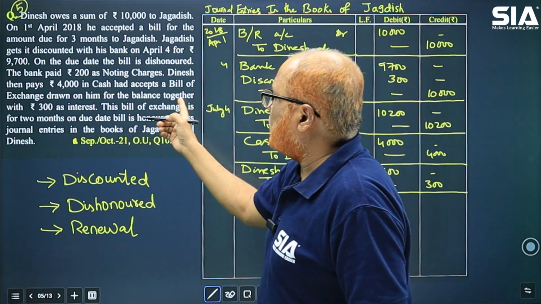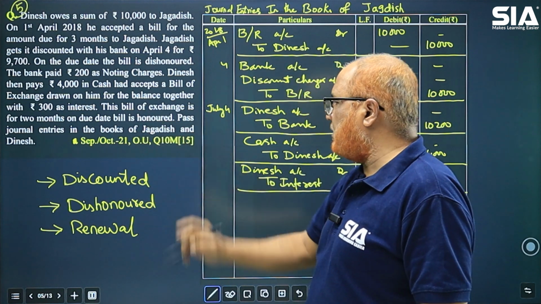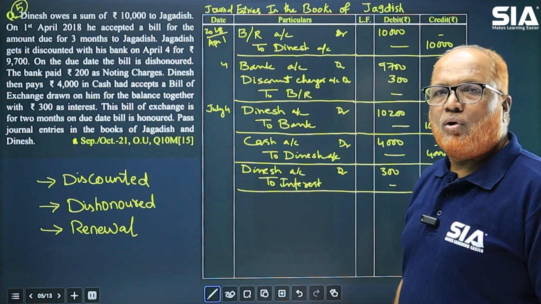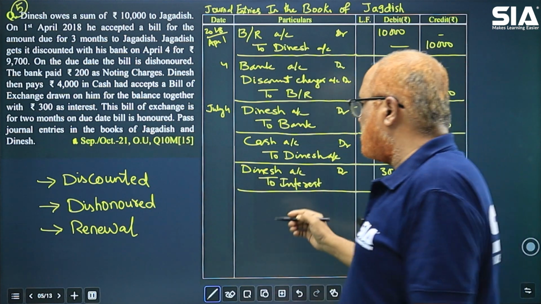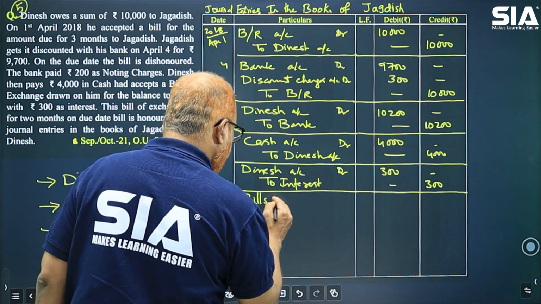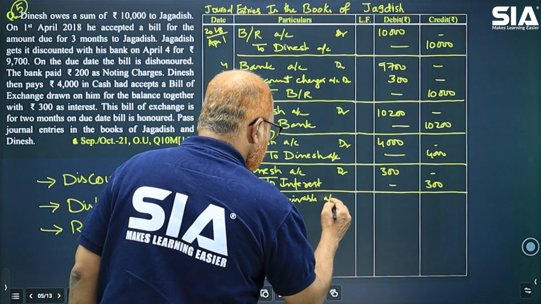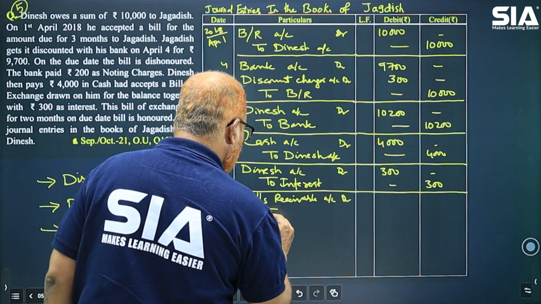Now a bill has been drawn for the balance together with interest. This bill of exchange is for 2 months. On the due date, the bill is honored. Now we have to draw the bill of exchange. So bills receivable account debtor to Dinesh.